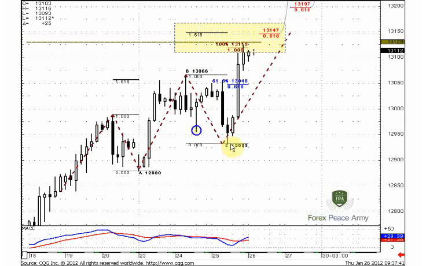Also we have this ABCD pattern that was a bit adjusted by yesterday's price action due to the FOMC meeting, once it was announced that the rates will hold at minimum levels until 2014, so that is not a very impressive issue for the dollar.